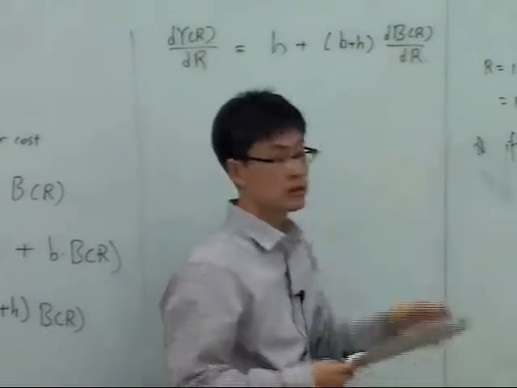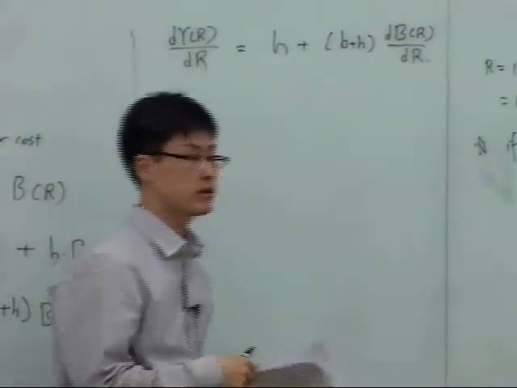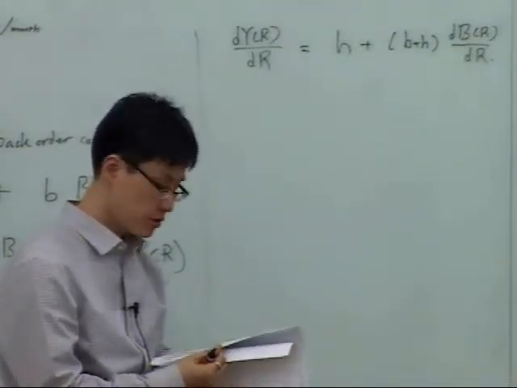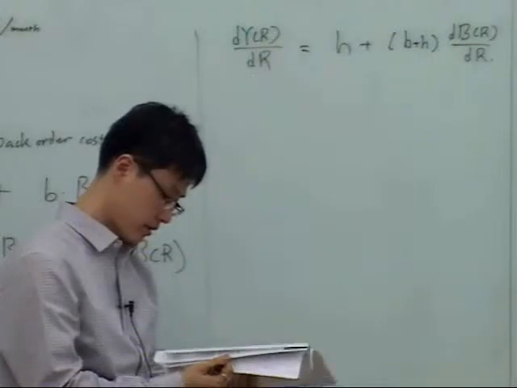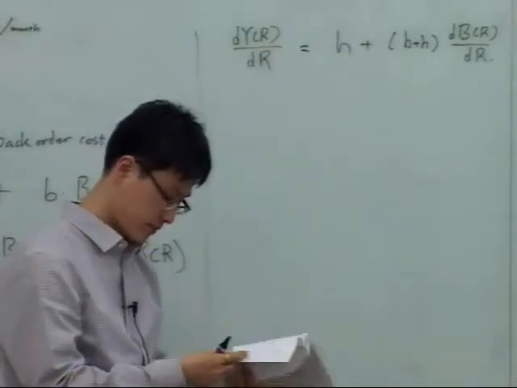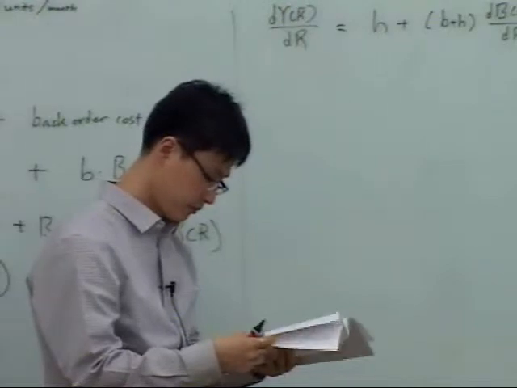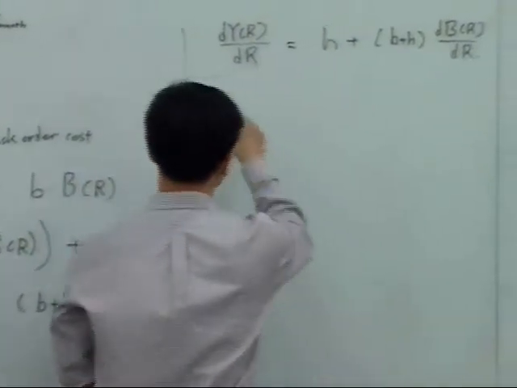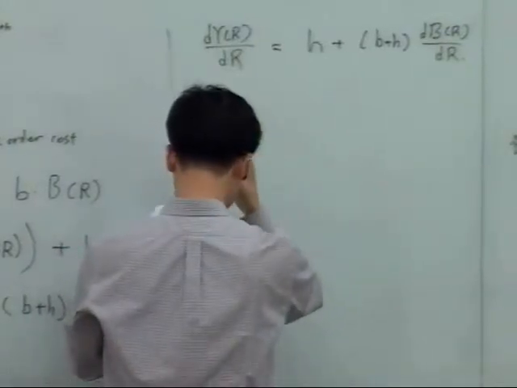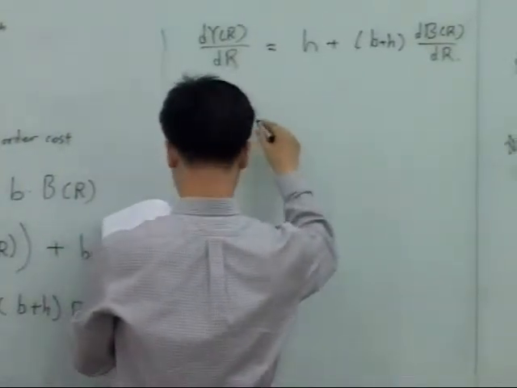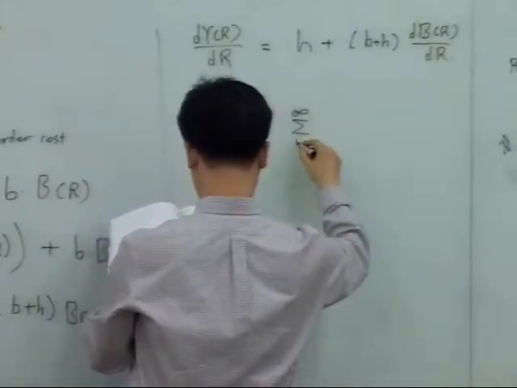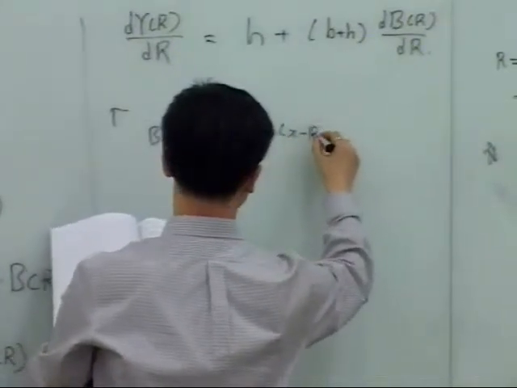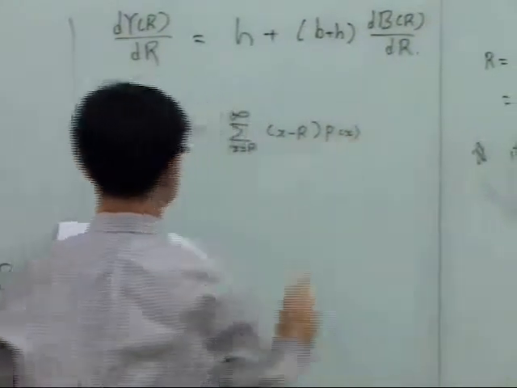And the BR is the average number of backorders, remaining backorders, and the definition of the BR function is, in the previous note, I introduced the BR like this.